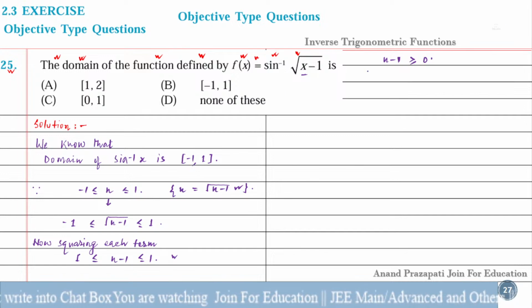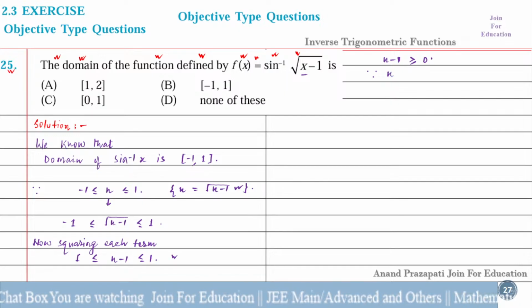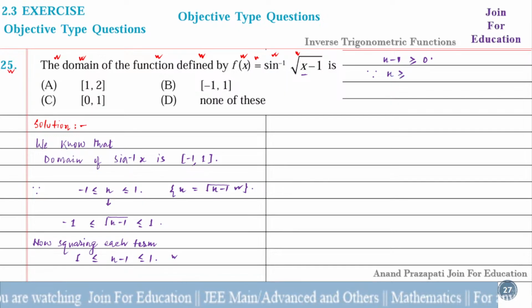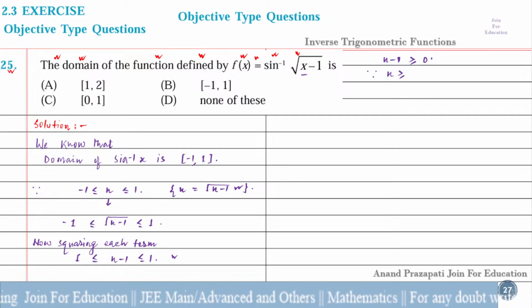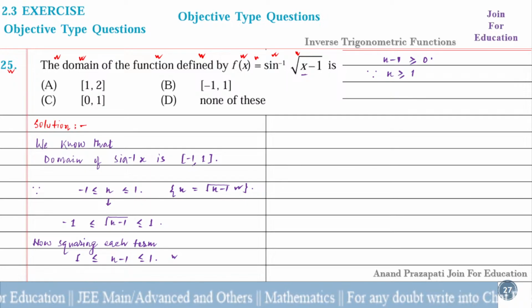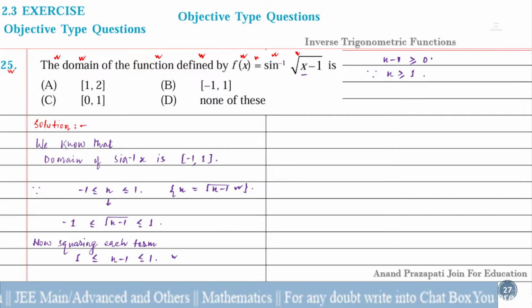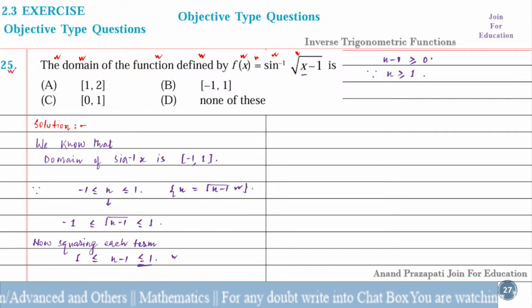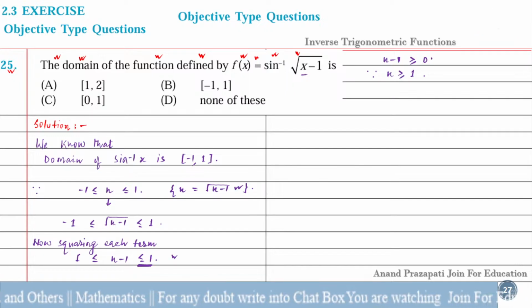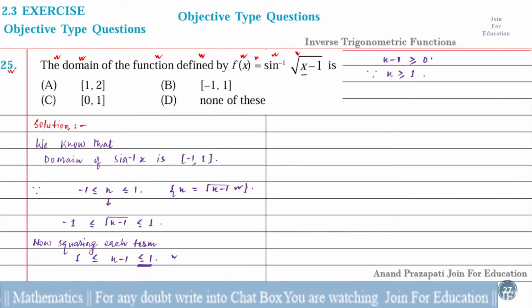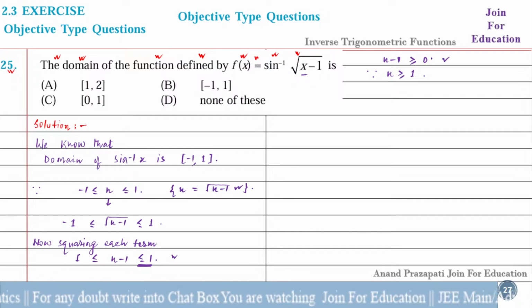In that case x greater than or equal to what? 1. So it means that this one will not be correct according to this condition.